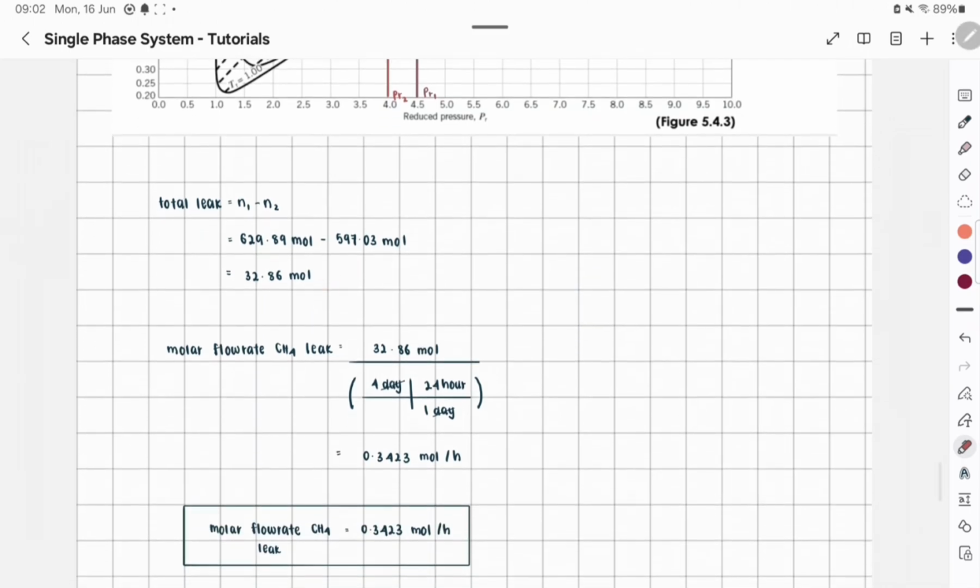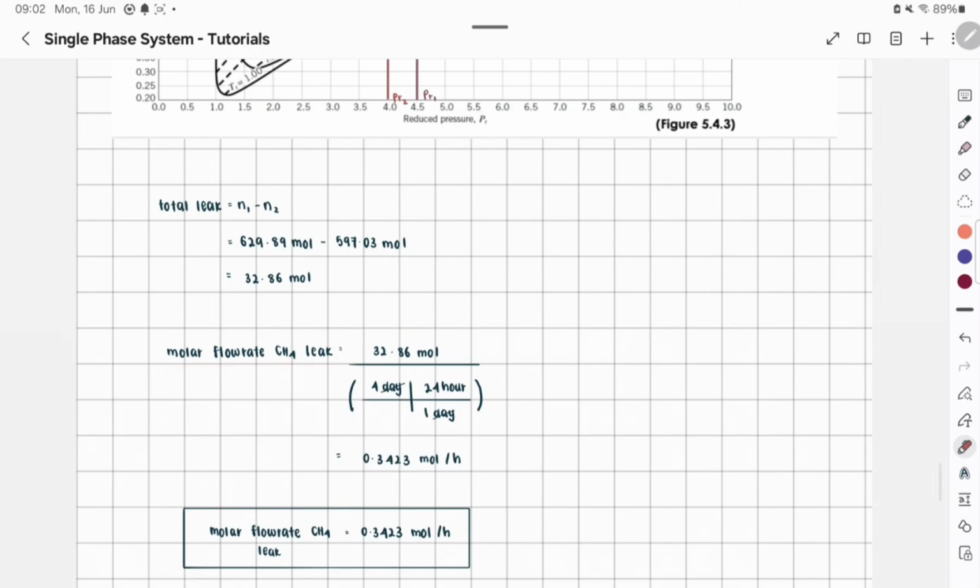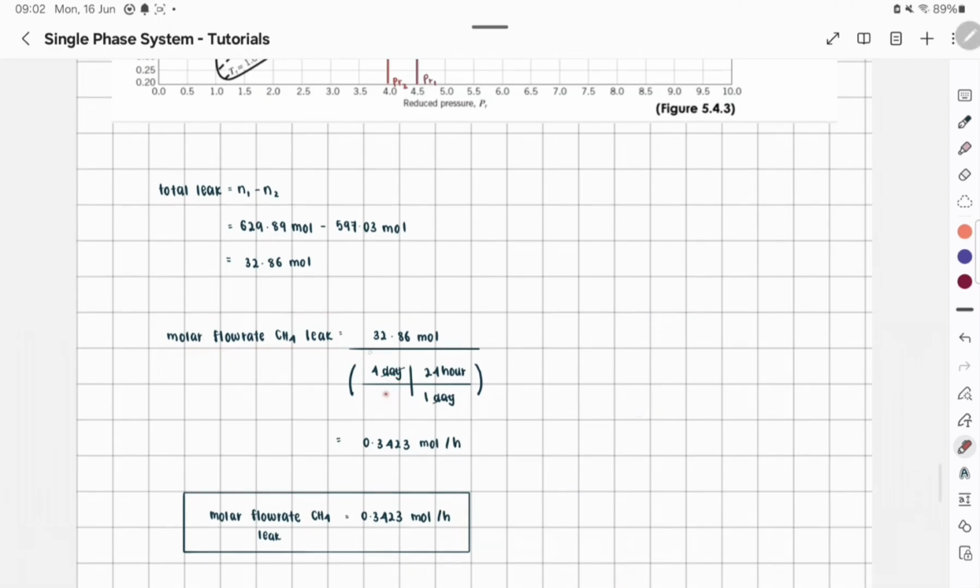Next, to calculate the molar flow rate of methane leak, we can just divide the total leak by 4 days. But be mindful that 4 days needs to be changed into hours, because the question says that it needs mole per hour.